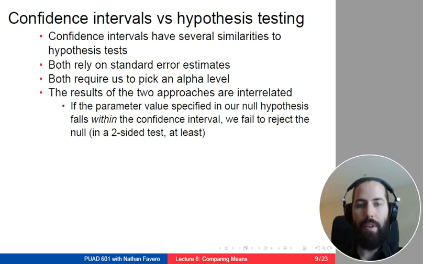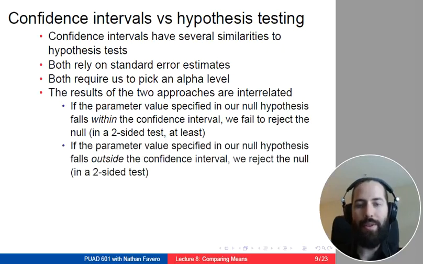The opposite is also true. If 0, or whatever parameter value we're testing in our null hypothesis, falls outside the range of the confidence interval, then we're going to reject the null hypothesis.